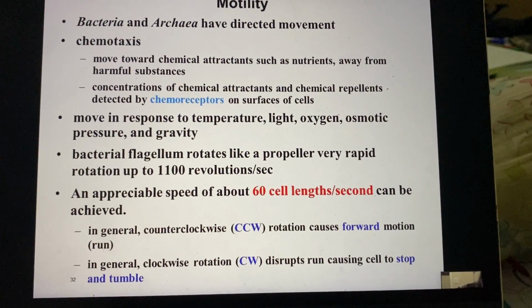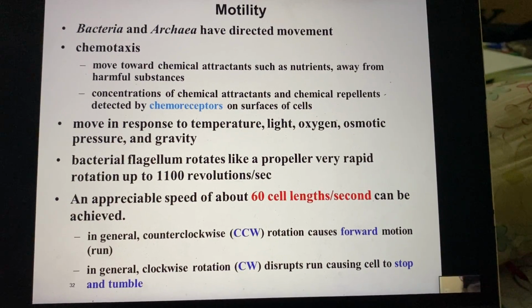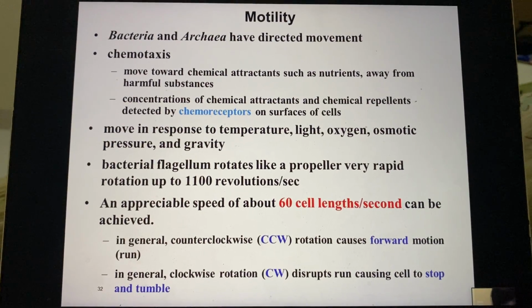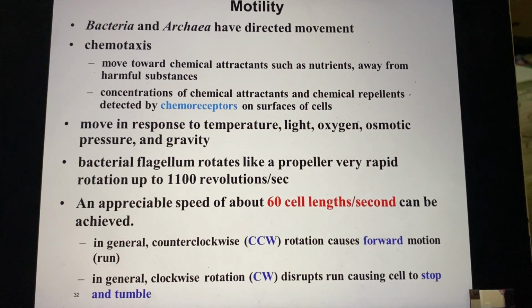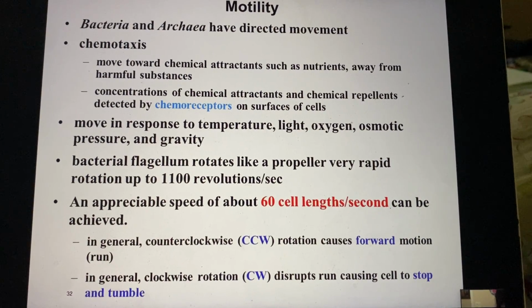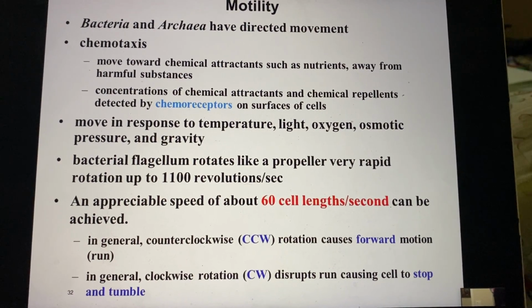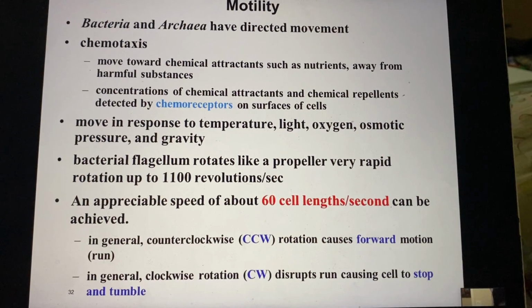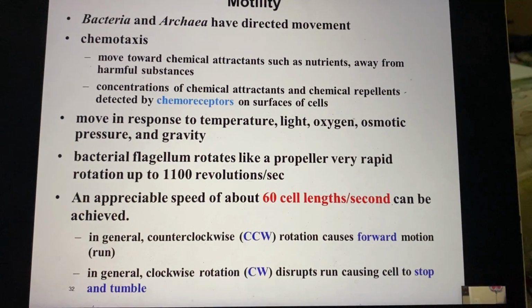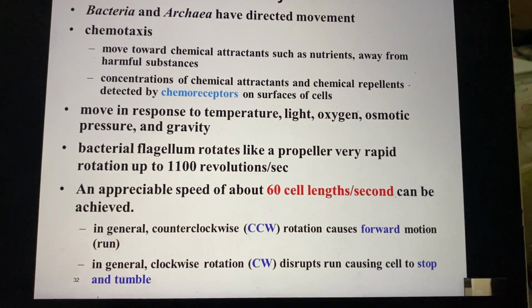Some of those bacteria that have chemotaxis will be able to move towards a chemical attractant. We will call that positive chemotaxis. Whilst if they move away from the chemical signals, then that is considered to be a negative chemotaxis. And this is all dependent on chemoreceptors being present on the surface of the cell.